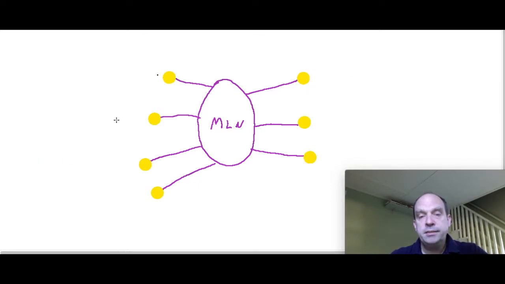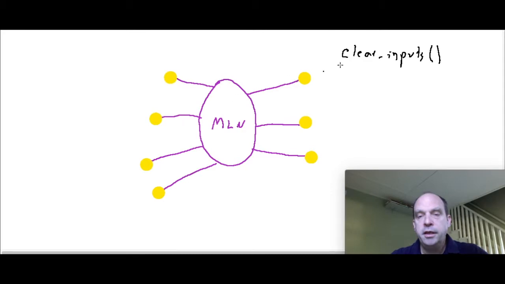We need to create some methods also for our multi-link neurode, and one of the methods is going to be called clear inputs. It won't take any parameters other than self, and basically what it's going to do is empty the dictionary, actually instantiating a new empty dictionary, and it's going to set the number of input nodes to 0, and also clear out that compare inputs full object.